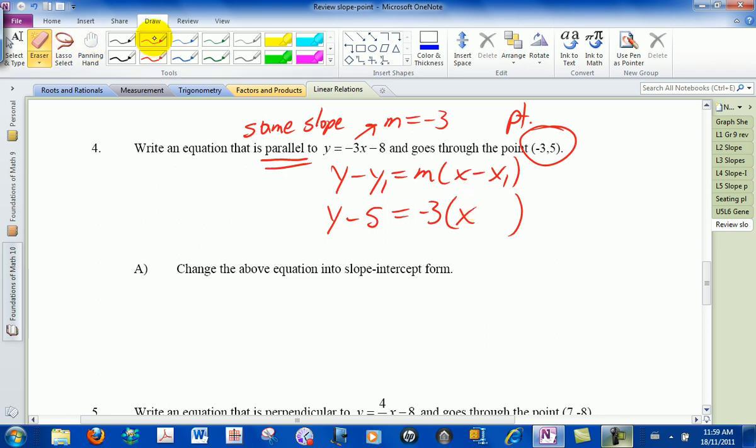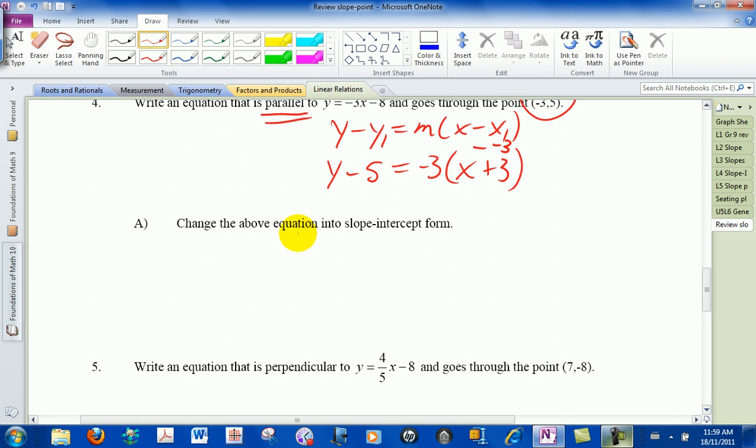Yeah, your eyes aren't tripping out. Okay. This should be a +3 because the subtraction sign stays and we insert a -3. We've got to correct our double sign. Okay. Good. Now change it. So use the above equation, y minus 5 equals negative 3 x plus 3. Change that into slope-intercept. Go.